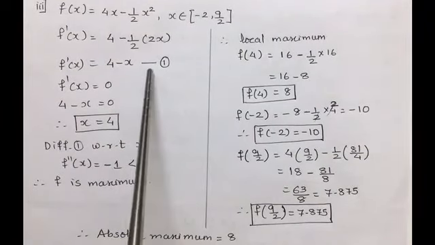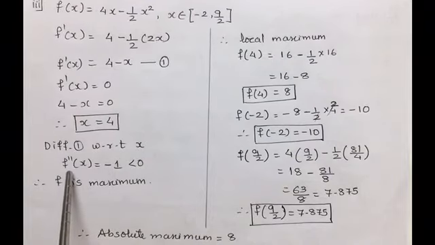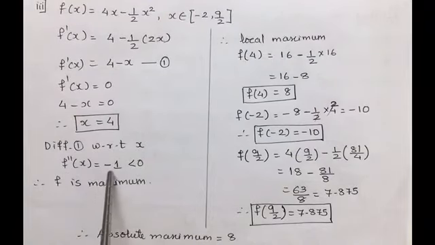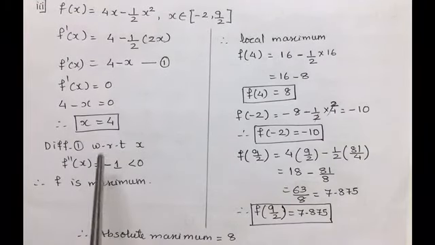Now again differentiating 1 with respect to x, we get f double dash x is equal to minus 1, which is less than 0. Therefore f is maximum when x is equal to 4.